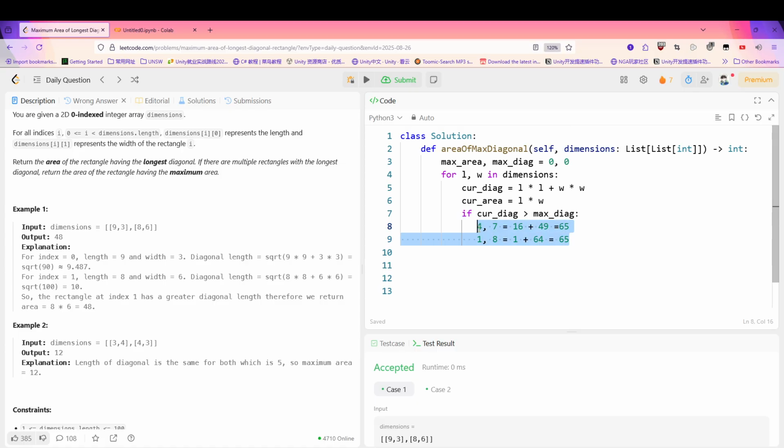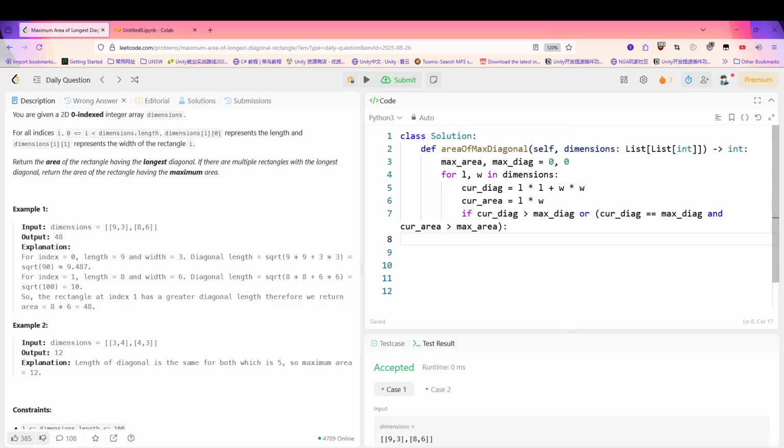So what we're going to do is add a judgment here, with or: our current diagonal is equal to our maximum diagonal, and our current area is greater than our max area. By adding this, we can cover all the cases in our test cases, right?